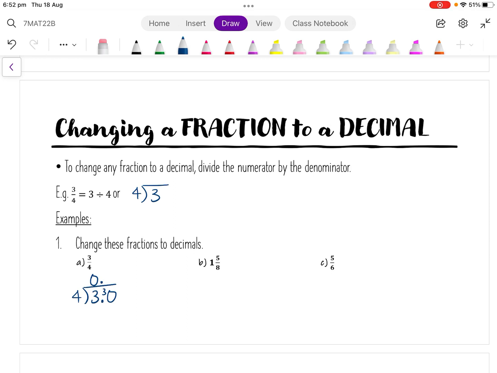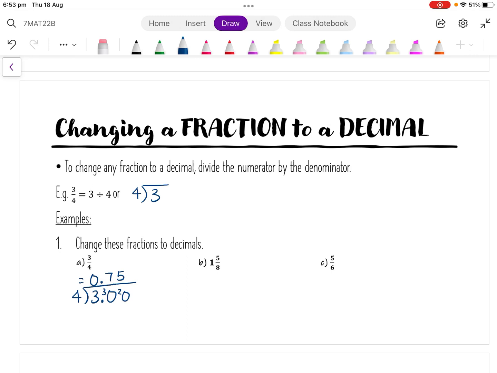We then say how many times does 4 go into 30? Now 4 goes into 30 7 times because 4 times 7 is 28, and we have a remainder of 2. So we put another 0 and a 2 there. We then need to say how many times does 4 go into 20, which is 5 times. So that means that our fraction of 3/4 as a decimal is 0.75.